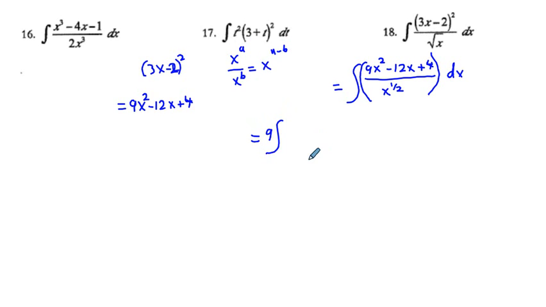So using that technique, x squared divided by x to the 1/2 power is going to be x to the 3/2 power dx.